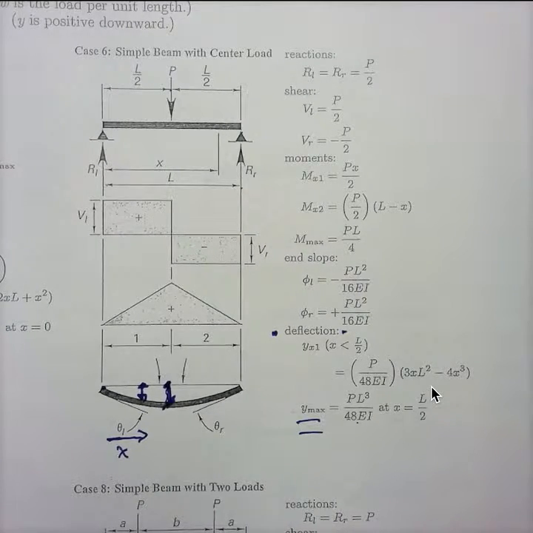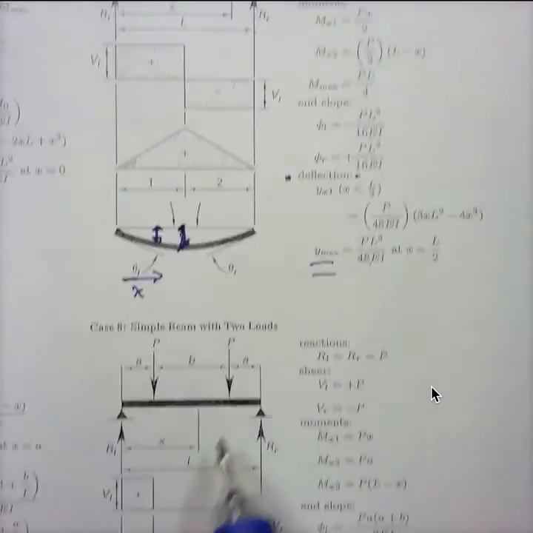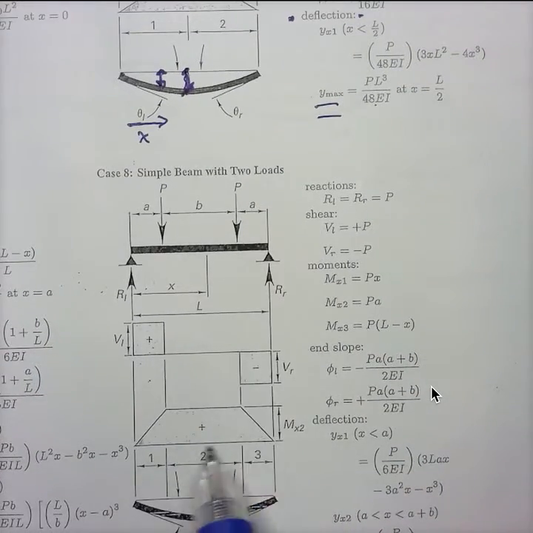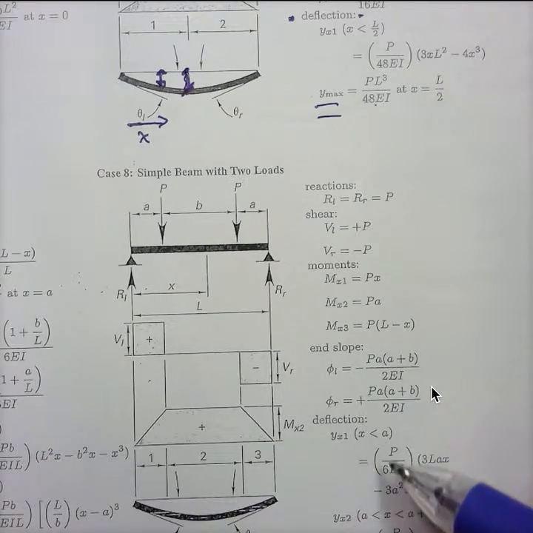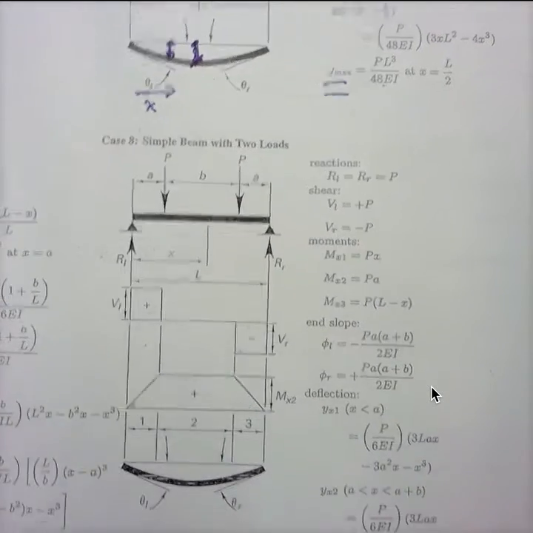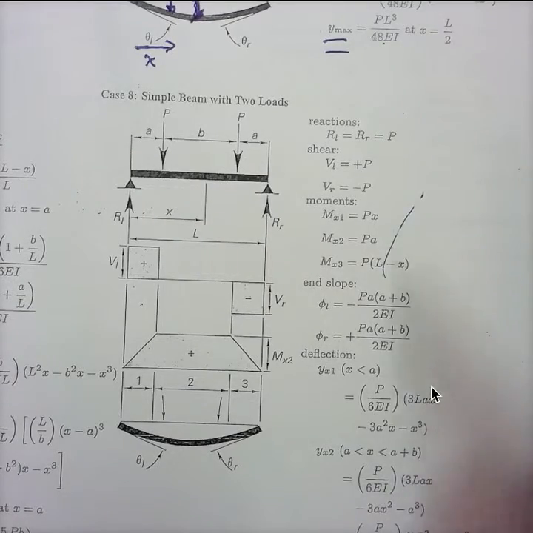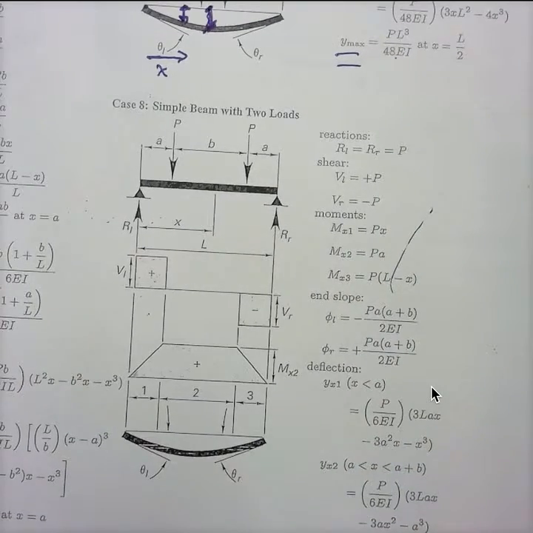That's the deflection. For any one of these cases, we see the shear diagram, the moment diagram, the elastic curve, the equations for the deflections. There are other equations here for shear and moment and reactions, etc.